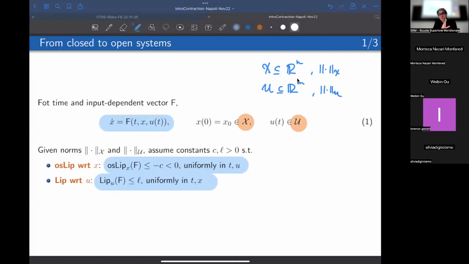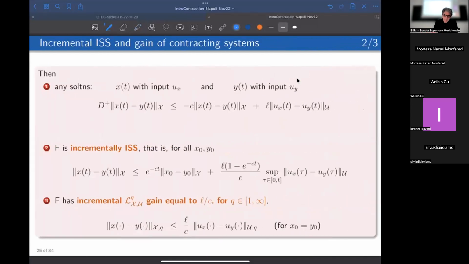So basically, we have both the Lipschitz constant and the one-sided Lipschitz constant. Now, if in fact you do have these two parameters, C and L, the contraction rate C and the Lipschitz constant describing the effect of the input L, then what you obtain is the following statement.